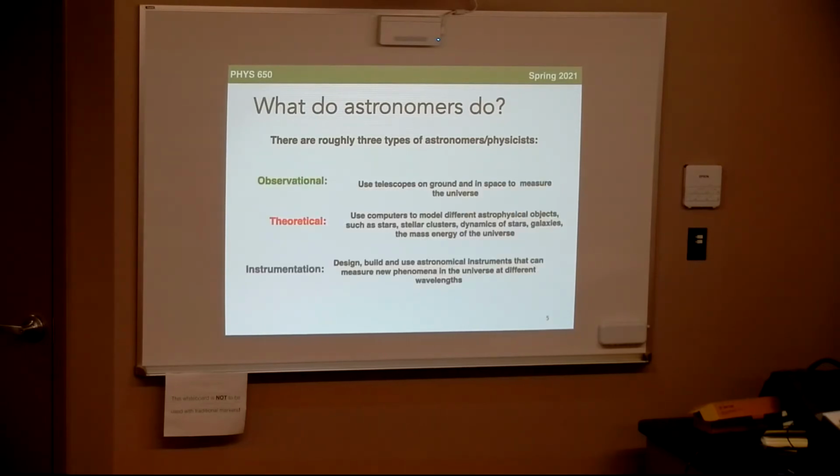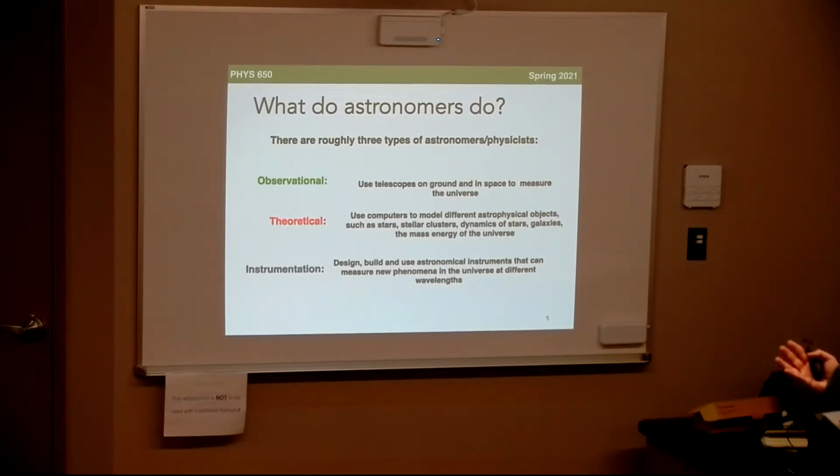So there are roughly 3 kinds of you, or at least in astronomy. There's observational. There's people who are basically in a lab or at a telescope who get data. There's theoretical, people who model things or even write out equations for cosmology. That's sometimes still good. And then there's instrumentation. You actually build labs. You actually design equipment.